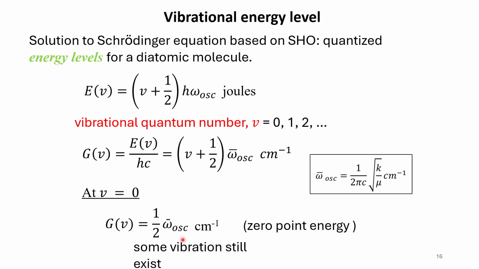This energy is also known as the zero-point energy. So at the ground state, the molecule still possesses some amount of energy related to the vibrational motion, meaning that some vibration still exists in the molecule even at the ground state.